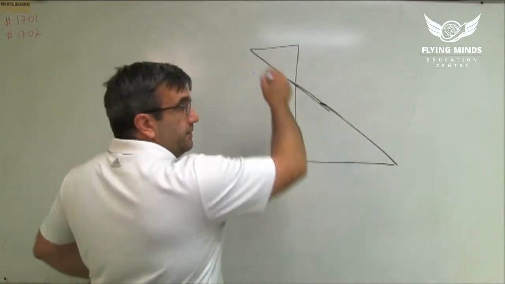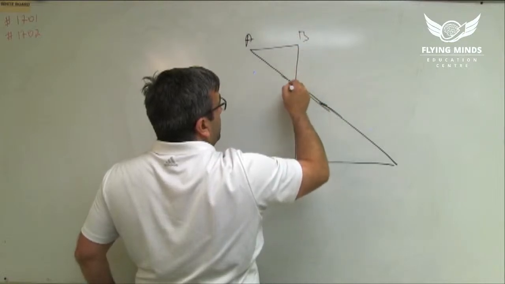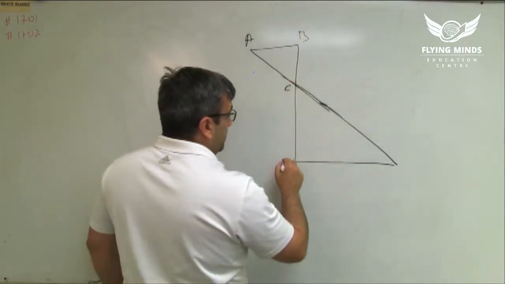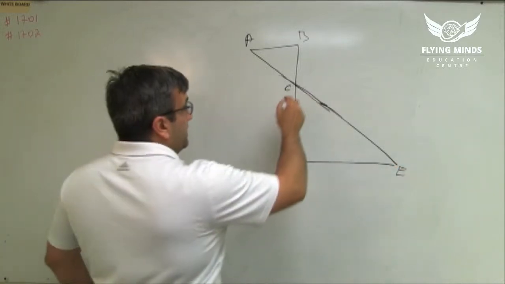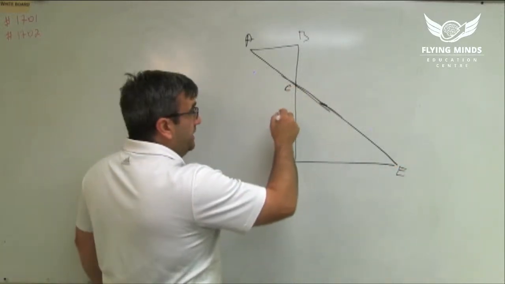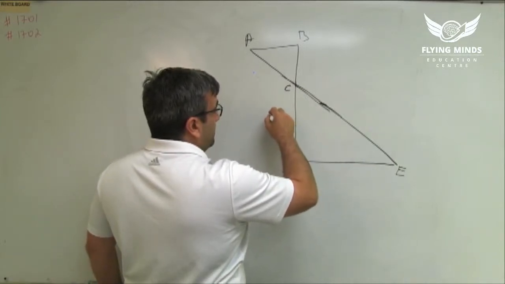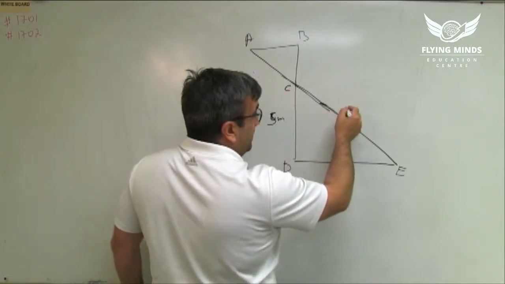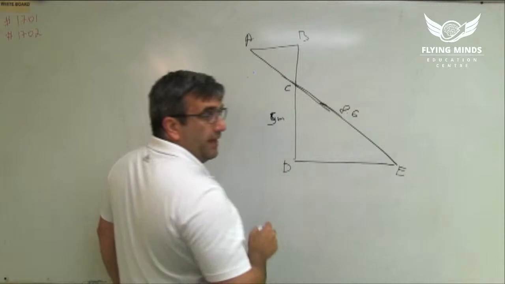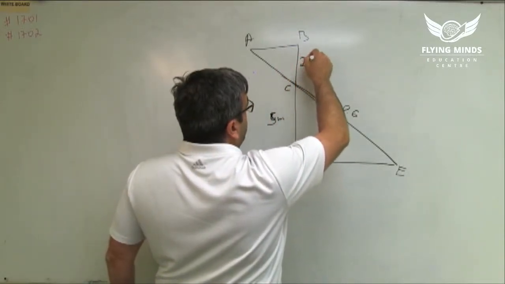A, B, C, D, E. Okay, so CD is 5 meters. CE is 8.6 and CB is 2.5.